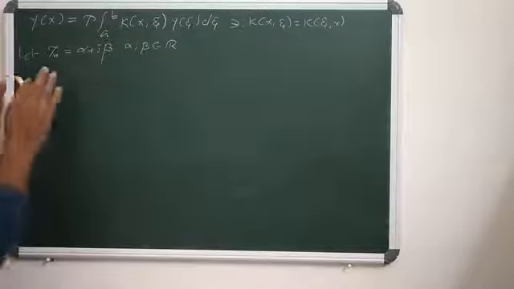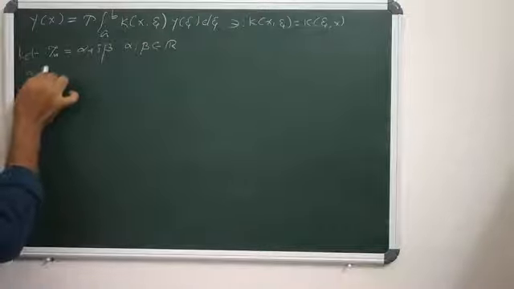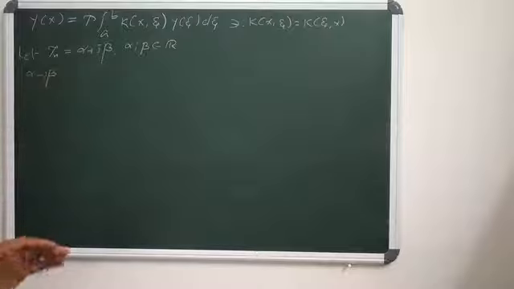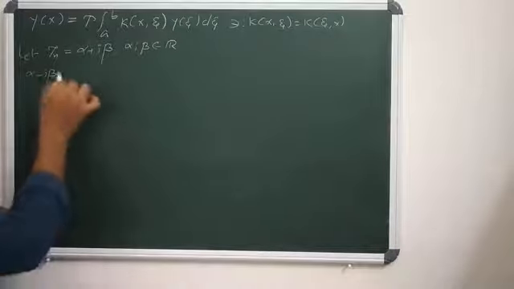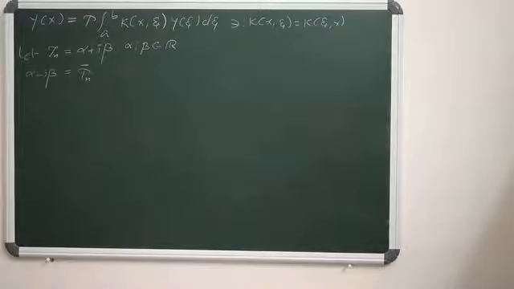Since alpha plus i beta is a characteristic value, alpha minus i beta is also a characteristic value. Then alpha minus i beta equals lambda n bar.